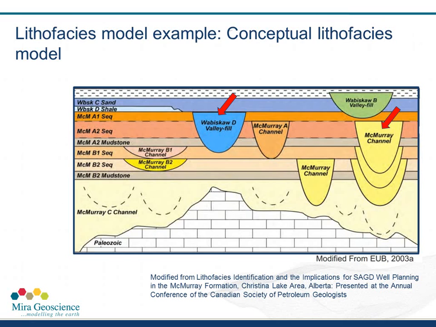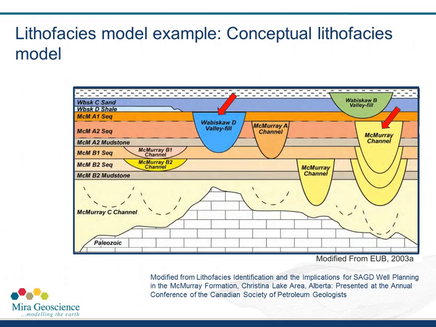So here's a schematic model for the area. You can see here the Clearwater and Wabiskaw formations are in the top little section here. So these are conductive cap rock units. The McMurray extends from beneath the Wabiskaw all the way down to the Paleozoic.